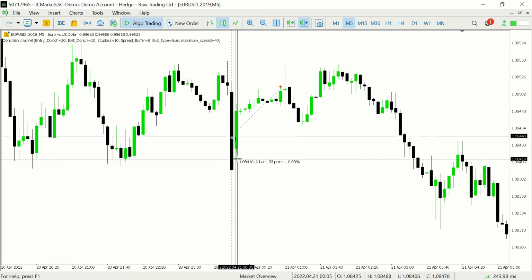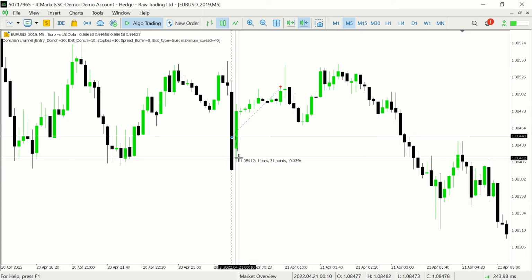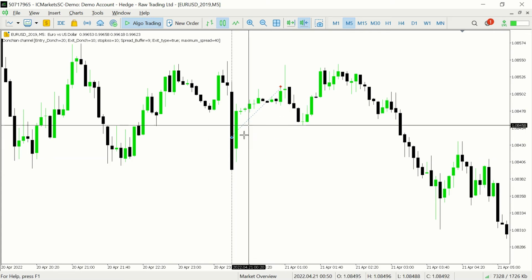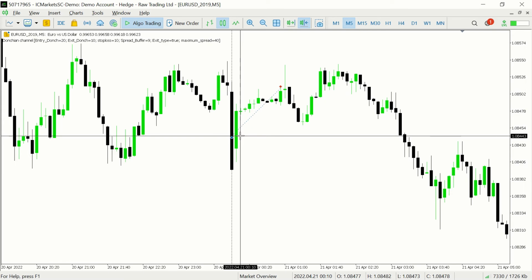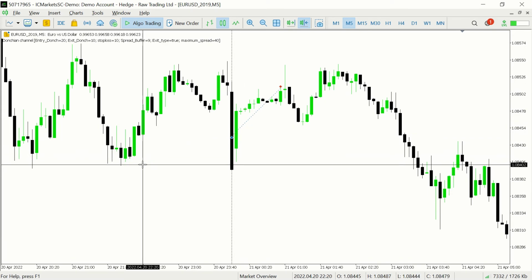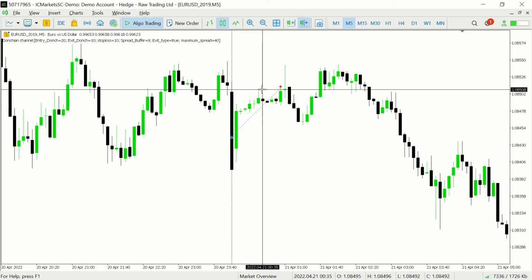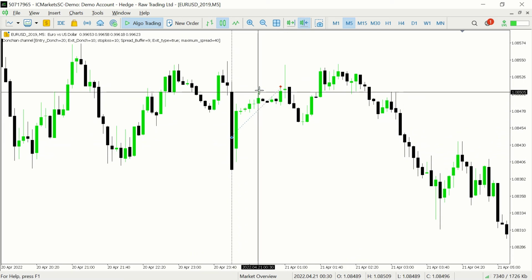So you'll realize that the Asian session, especially the first hour, has very high spreads, and in some currencies it can go up to 20 pips spread. But in the Euro USD, you can expect around 5 pips spread. So that is the reason for this gap here. Yes, so price went below previous lows, and we closed the trade when we went above recent highs, and it went above this high here.